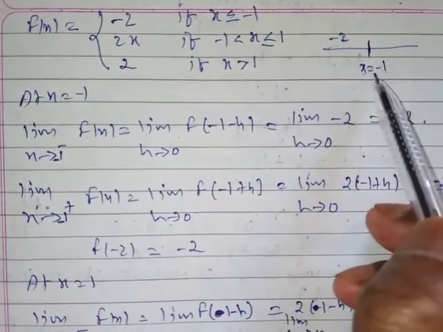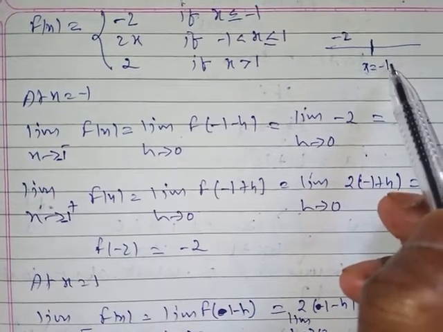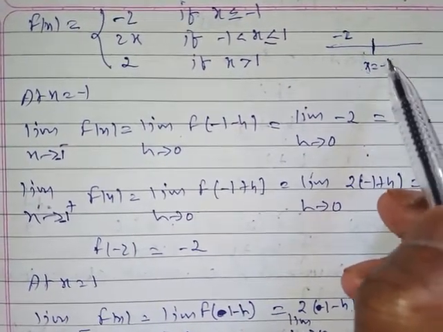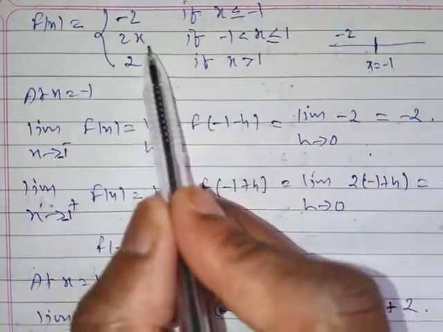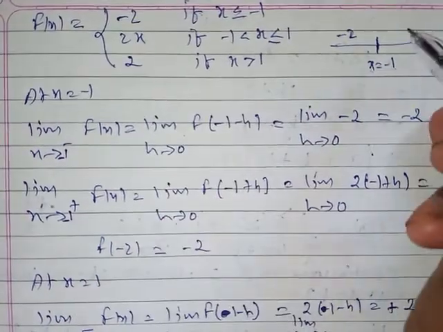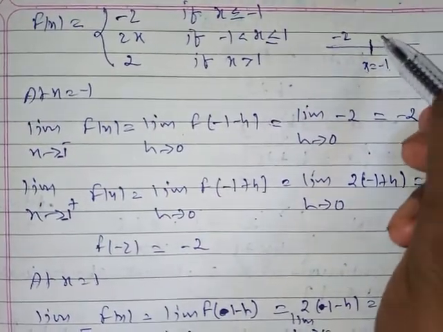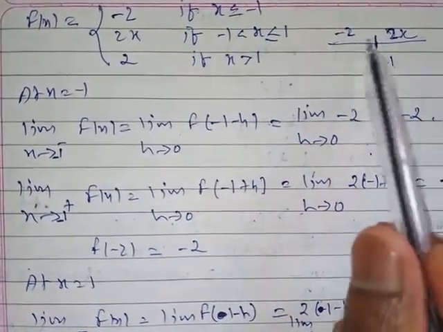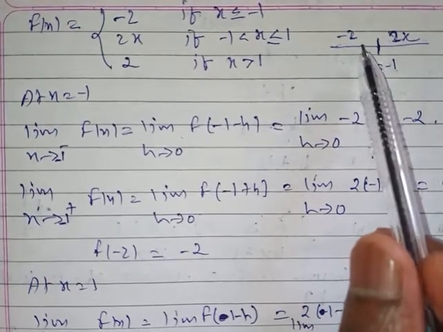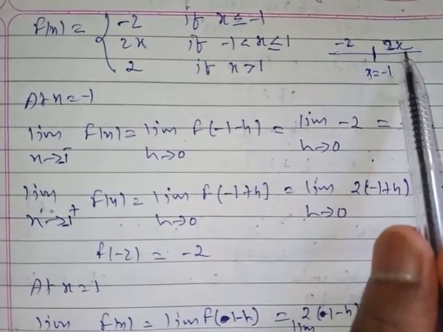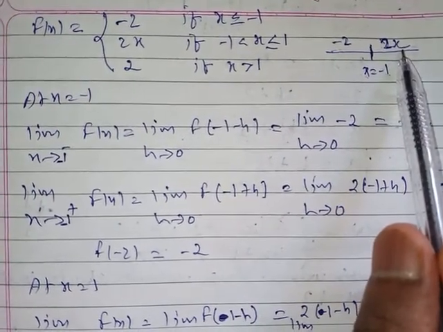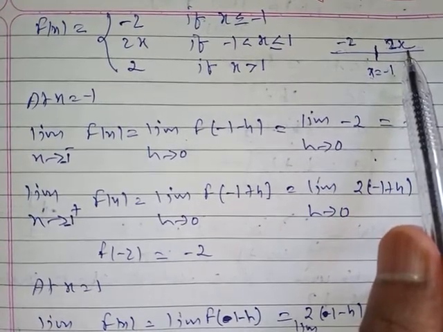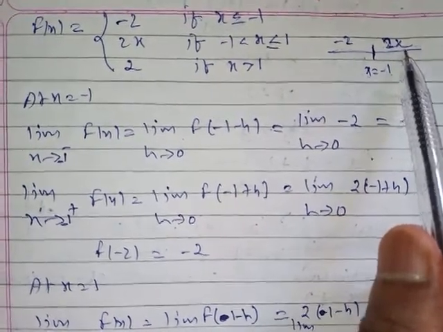Right hand side of minus 1 means greater than, here the function is defined as 2x. So we can say that the right hand side and left hand side limits are different. So you have to apply the second definition.